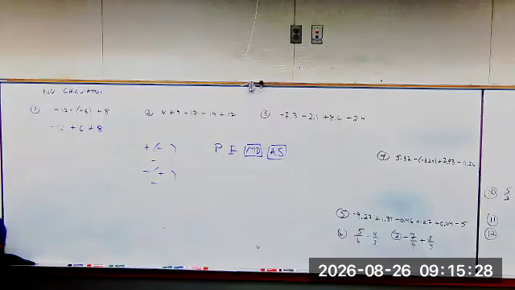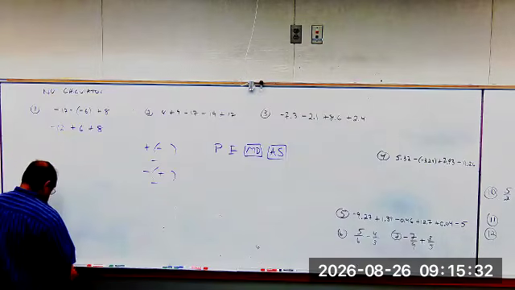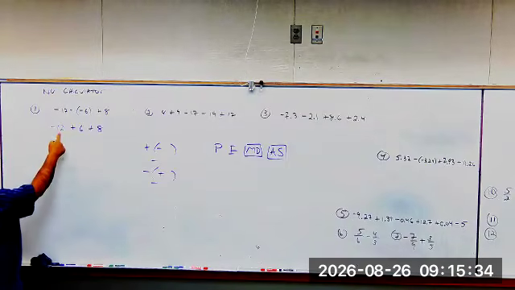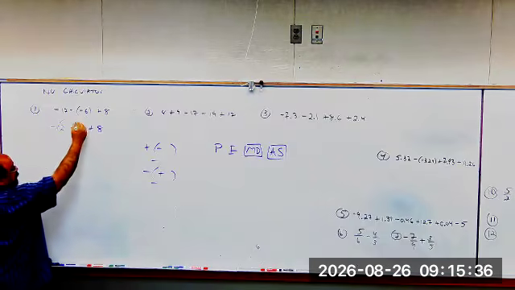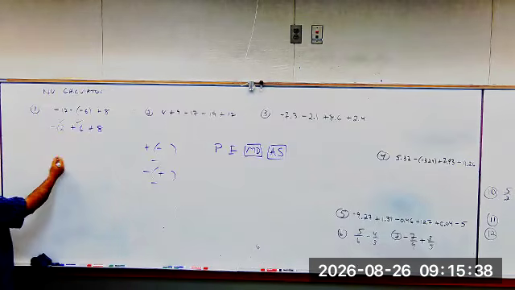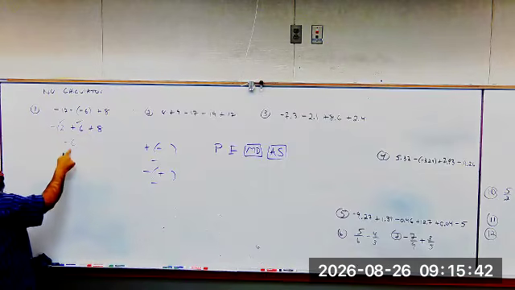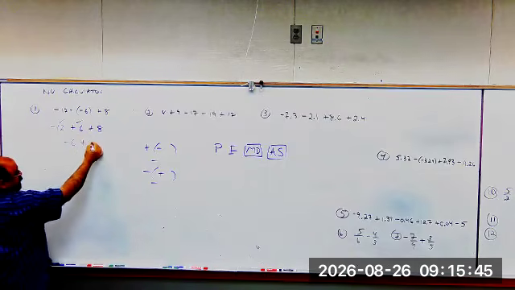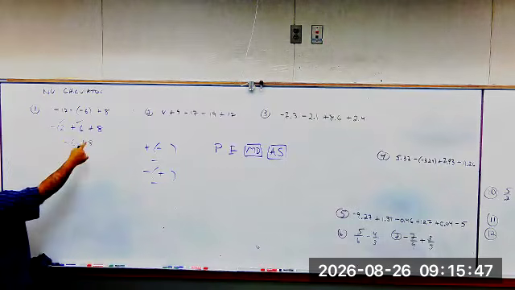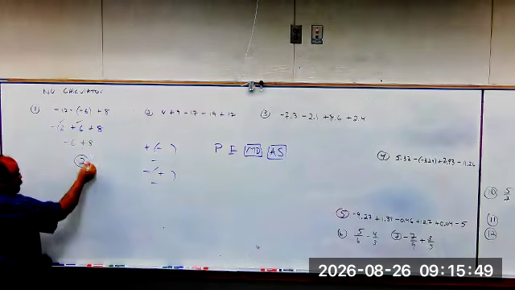Well, this is just addition and subtraction, so we're just going to go from left to right. 12 negatives and 6 positives. What do we get? We get 6 negatives. 12 negatives and 6 positives is 6 negatives, and then plus 8. 6 negatives and 8 positives. 2 positives.